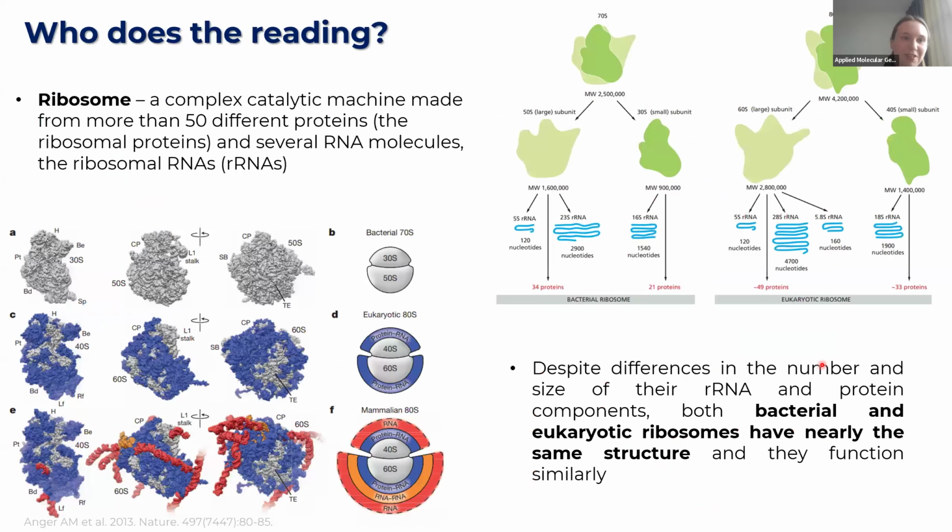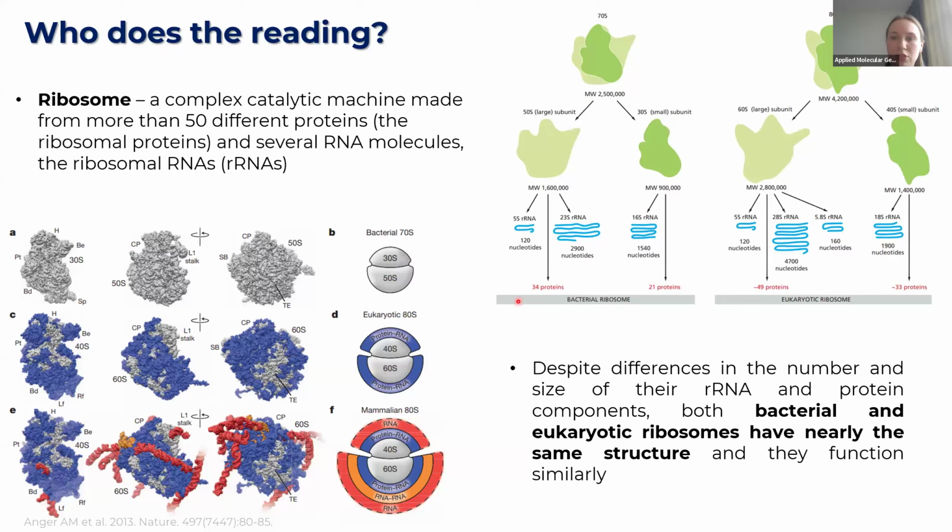So who does the reading? Ribosome does the reading. Ribosome is a protein synthesizing macromolecule present in all living organisms, and it consists of two subunits, small and large, each containing only two types of molecules: RNA and a lot of proteins.